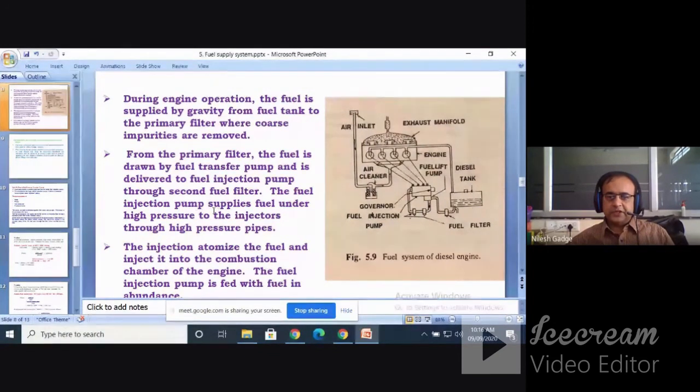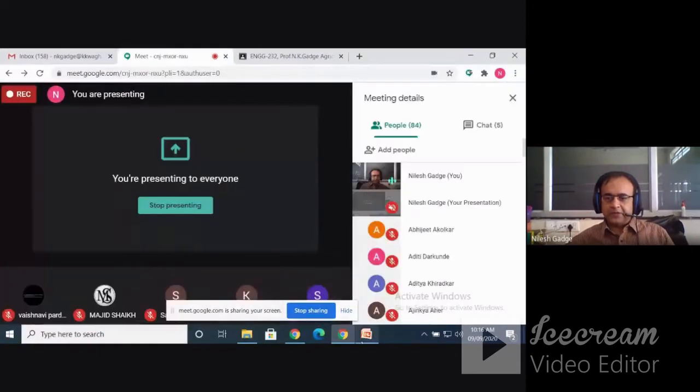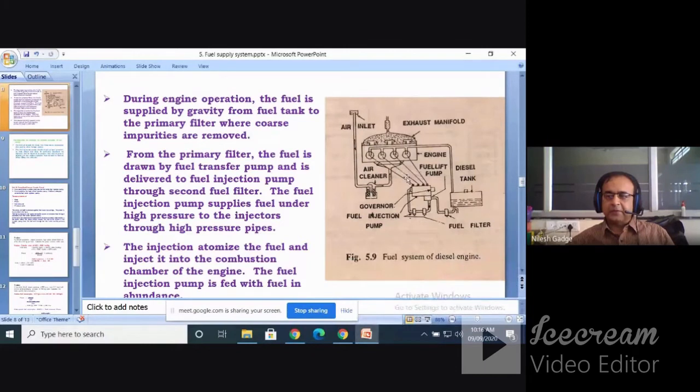The fuel injection pump supplies fuel under high pressure to the injectors through the high pressure pipes. Through this high pressure pipe, the fuel goes to the fuel injectors or atomizers. The fuel injector is also known as atomizer. It enters into the cylinders.